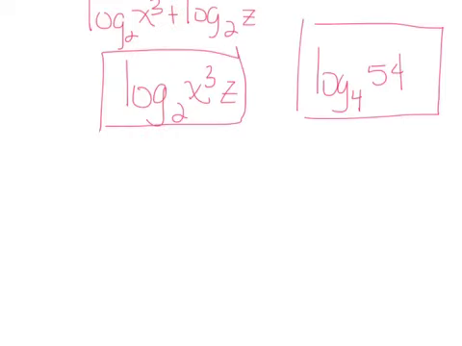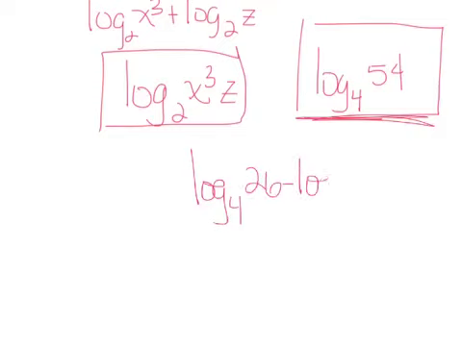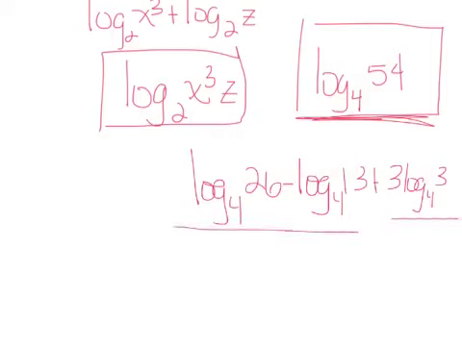So as I already showed, this is the answer here. But the first thing, if you have log base 4 of 26 minus log base 4 of 13 plus 3 log base 4 of 3, I can do the first two together by themselves for the moment.